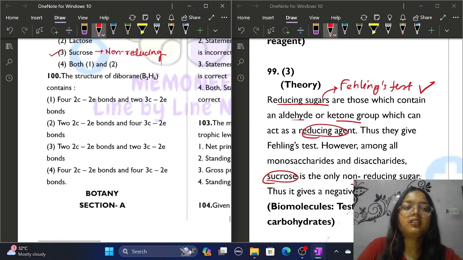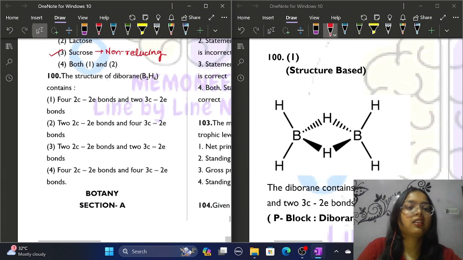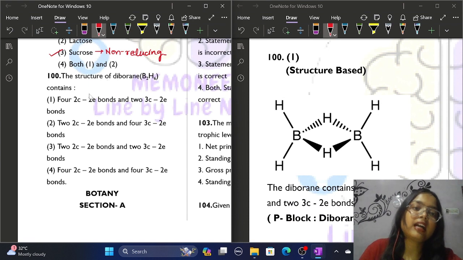So, question number 100. The structure of diborane contains how many 2C2E bonds and how many 3C2E bonds. This is the structure of diborane, we all know this structure.